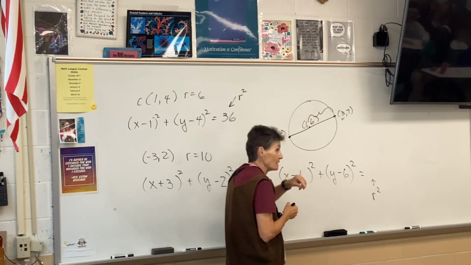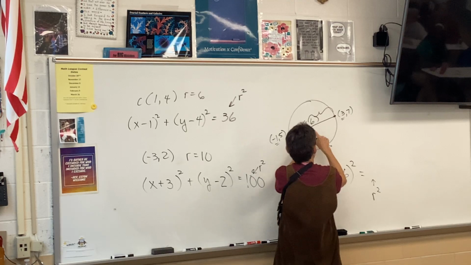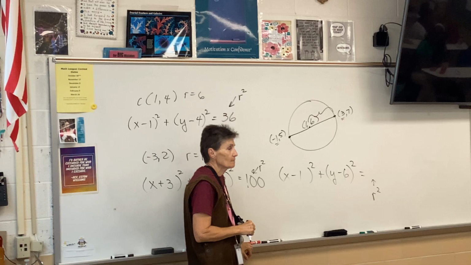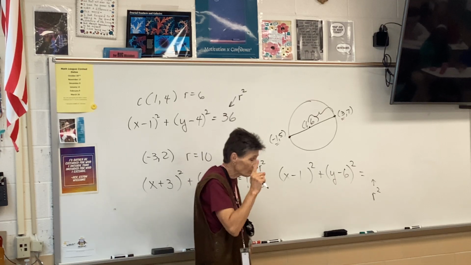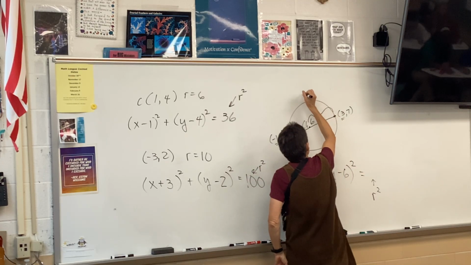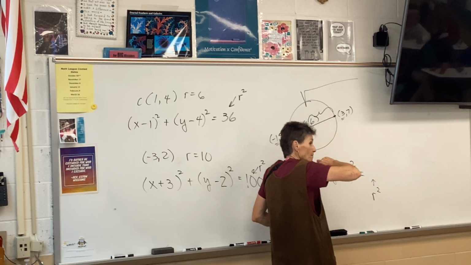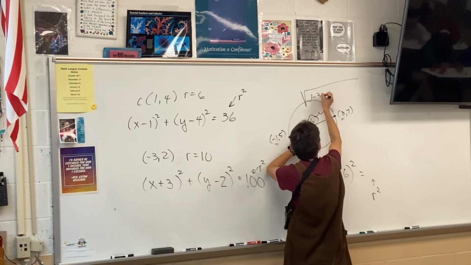So the radius is the distance from here to here. Do I know how to find distance? Yes, we talked about it, it's in your notes. This distance is going to be the square root of, how does it work again? X minus x.